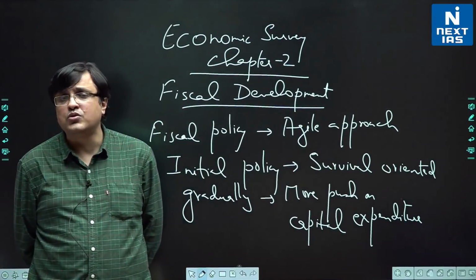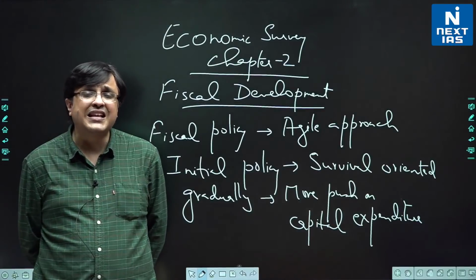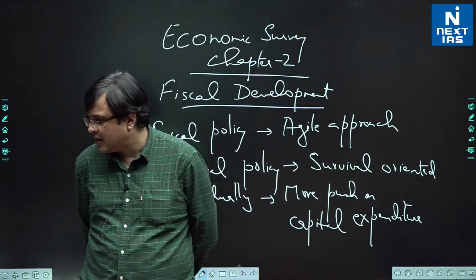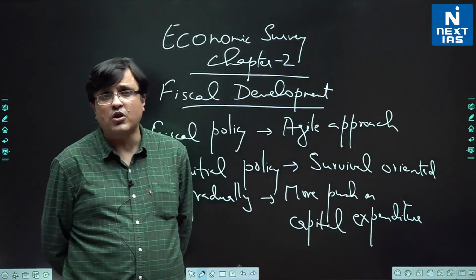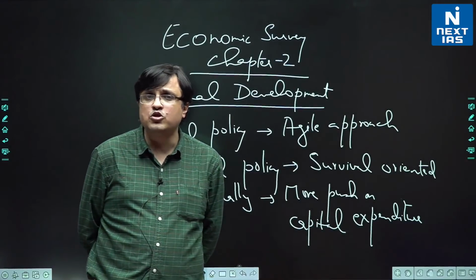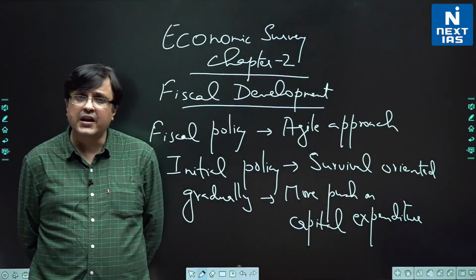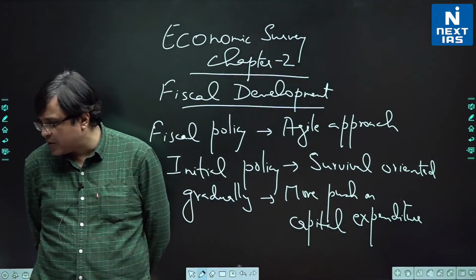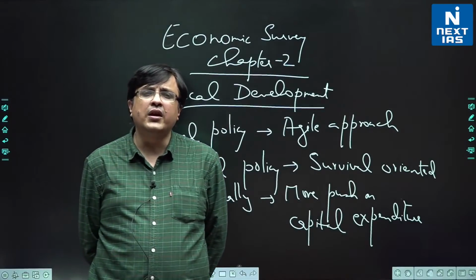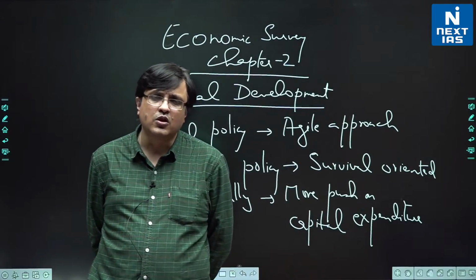And the survey says that even in 2021, when we had the second bout of COVID, the second attack of COVID, after that in June 2021, the government again came up with a more stimulus package of around 6.29 lakh crore, including loan guarantee scheme.